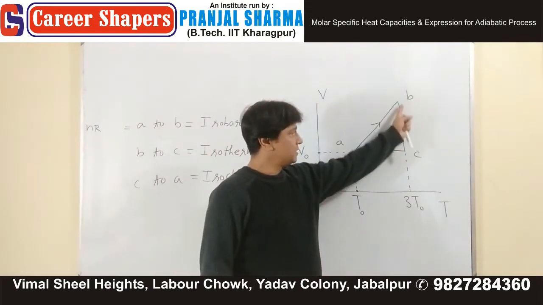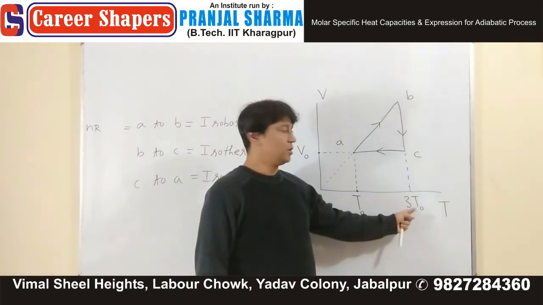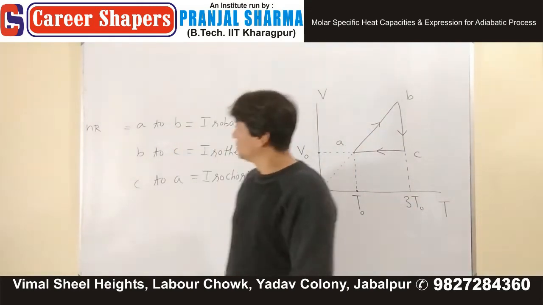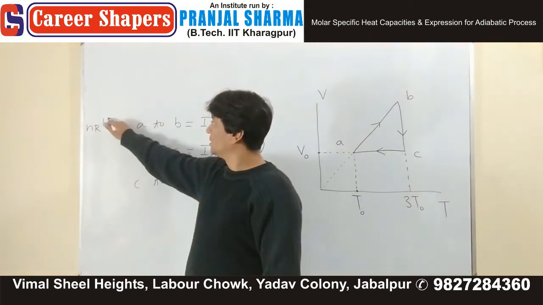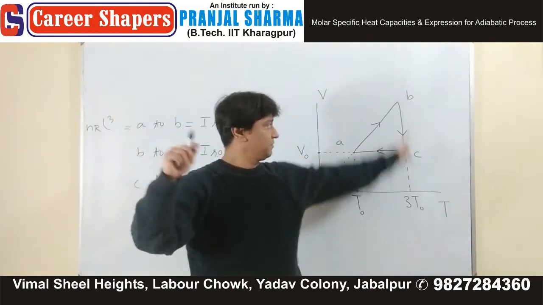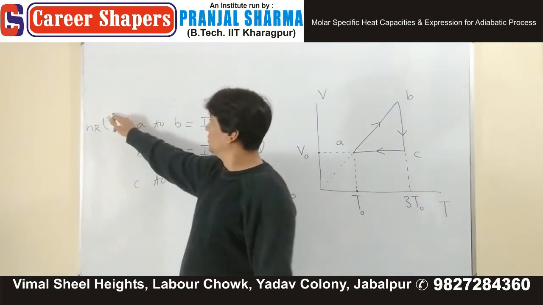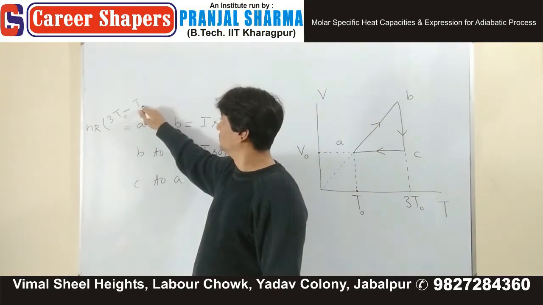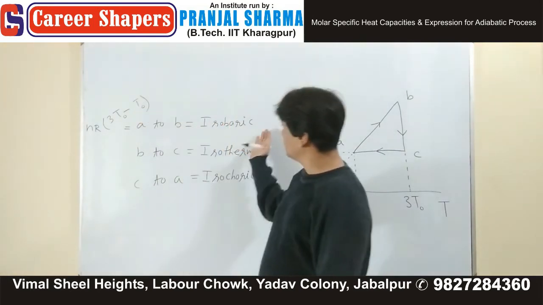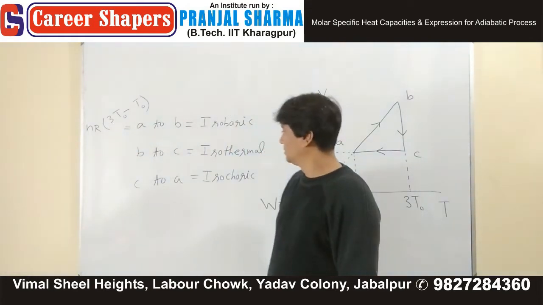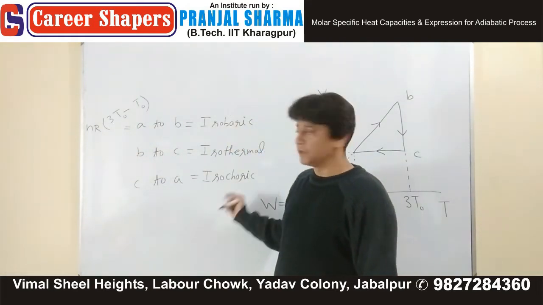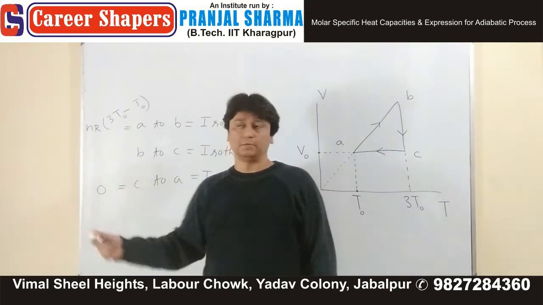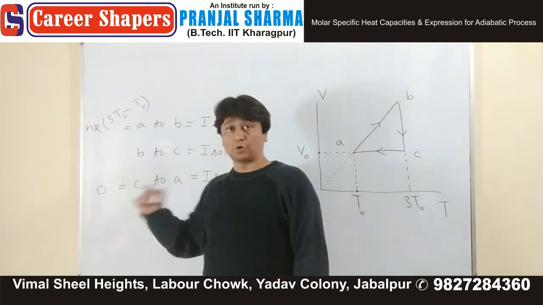What is temperature at B? 3 T naught. What is temperature at A? T naught. So this is nR, T final minus T initial, for the isobaric part. C to A is isochoric. Work will be 0 for the isochoric part.